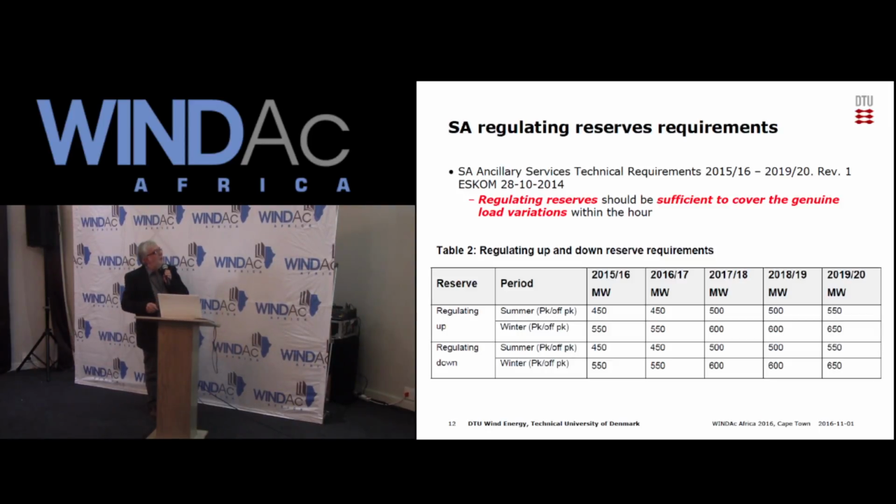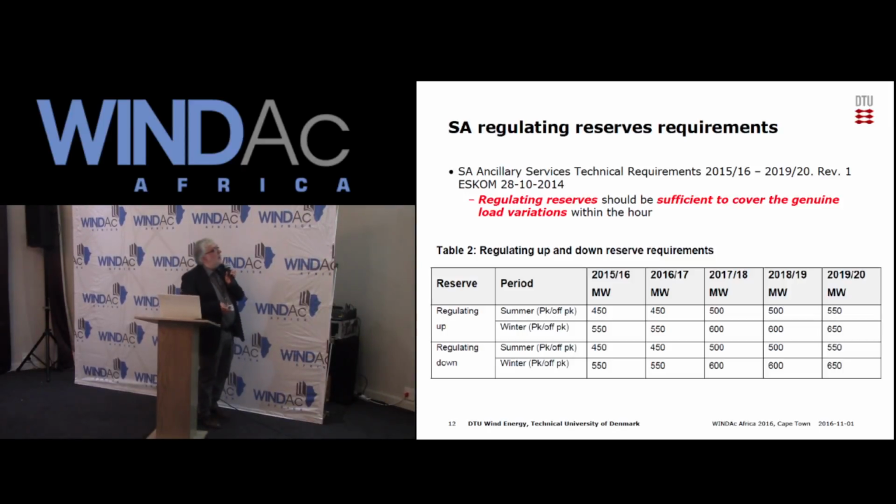So before we started, Eskom had already done very nice studies here, taking only the loads into account according to this requirement, and they found different values for summer and winter periods, because of course the consumption is different in those periods. And we see a development here, which is first of all, I believe, because the consumption is increasing. So that will cause an increase in the need for reserves in this study.